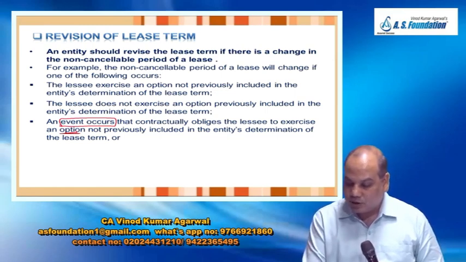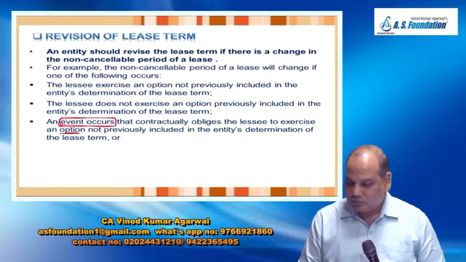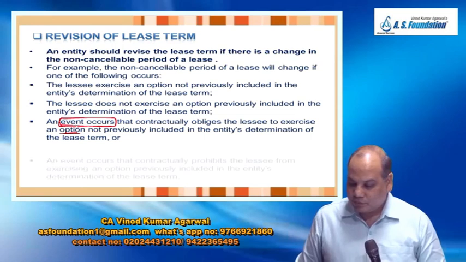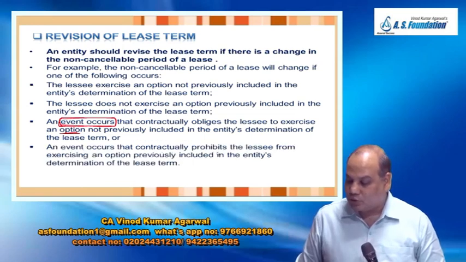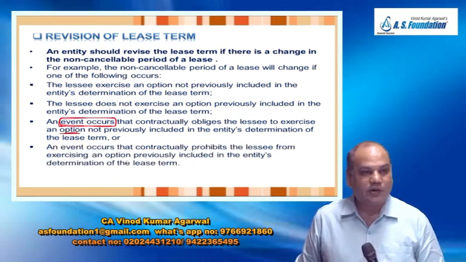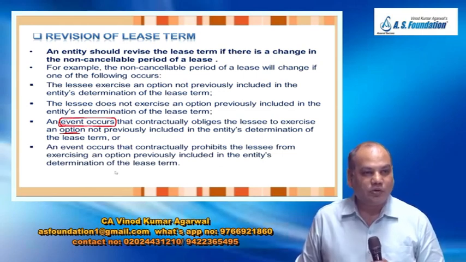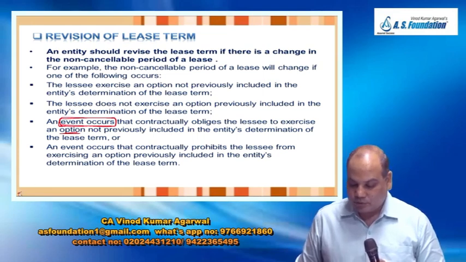Like the contract may say if there is a merger, then we'll have to extend the lease term, something like this. Or an event occurs that contractually prohibits the lessee from exercising an option previously included in the entity's determination of the lease term.